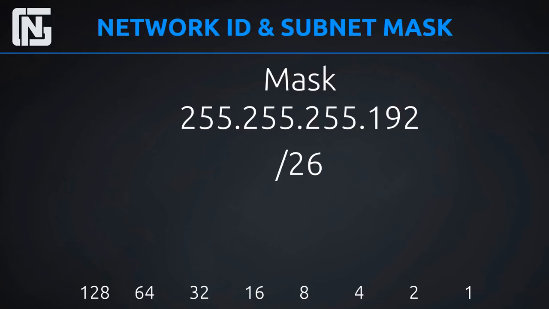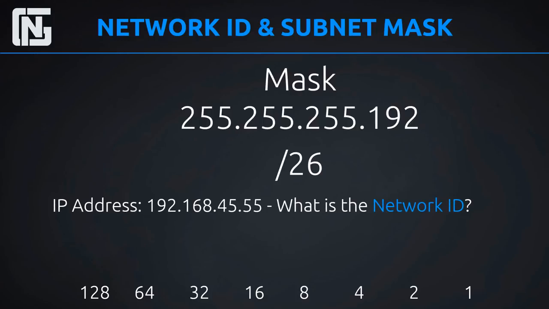Now, let's look at another IP address. Actually, it's the same IP address, 192.168.45.55. So we can look at the same IP address, and depending on what our mask is, we're completely changing things, right? Now, our mask was the same in the last 2, so our network ID stayed the same, but now we're changing it up because we have 192 there.